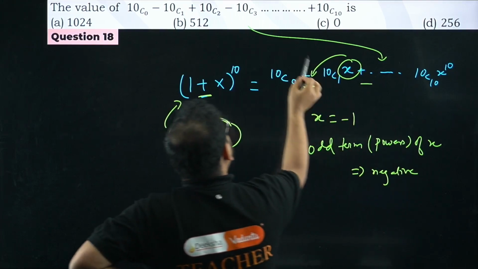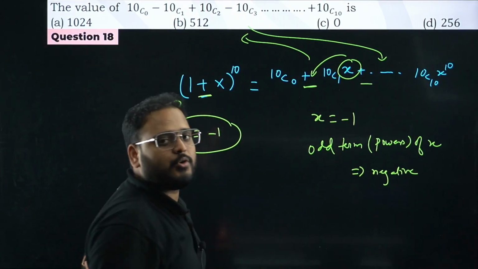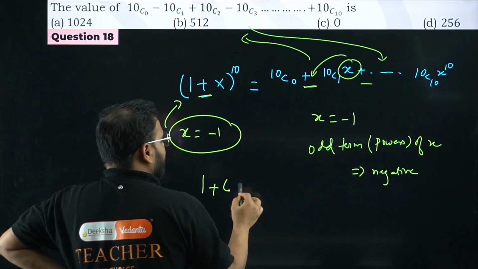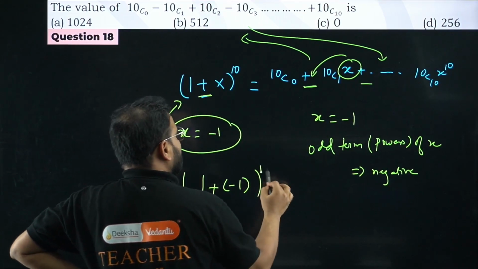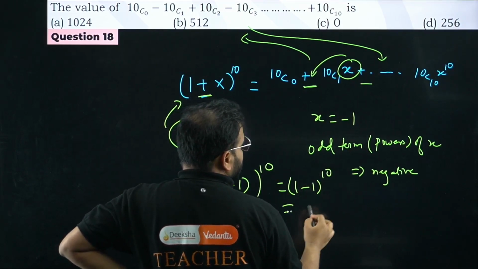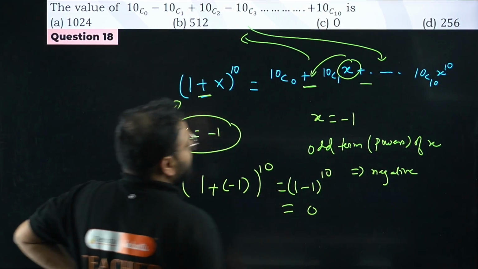So you'll have the same result as this. So if you put 1 plus minus 1 power 10, what is that going to be? 1 minus 1 power 10, simply 0.